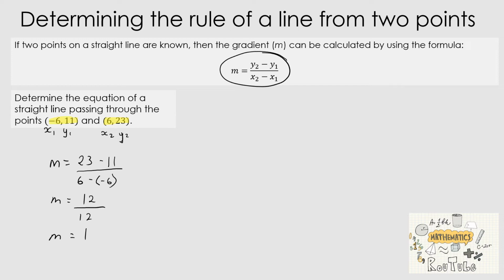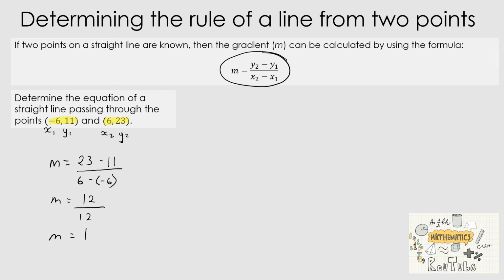My recommendation is to always pick the point that does not contain the negatives. If they both contain the negatives, well, you've got to. But if there's 1 point that does not contain negative numbers, go with it. You should still get the same answer, but I know it sometimes gets confusing with the negative numbers, so go with the positives if you have 1 point that's all positives.